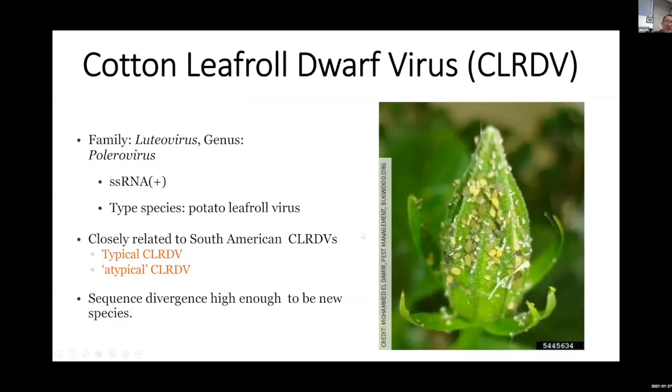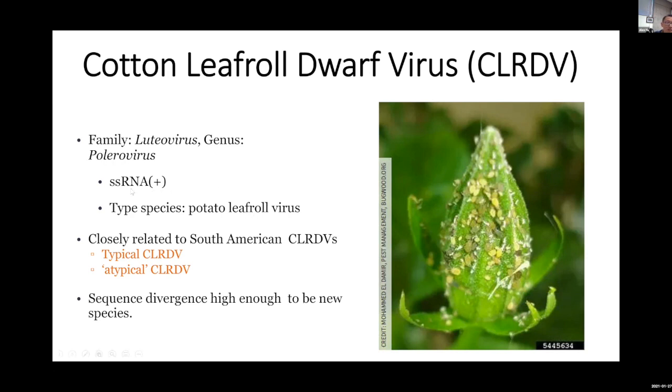One last thing I want to point out is cotton leaf roll dwarf virus, an emerging disease in the Southeast that is now spreading west. It was originally discovered in Alabama back in 2017, and now it can be found in Georgia and Texas.